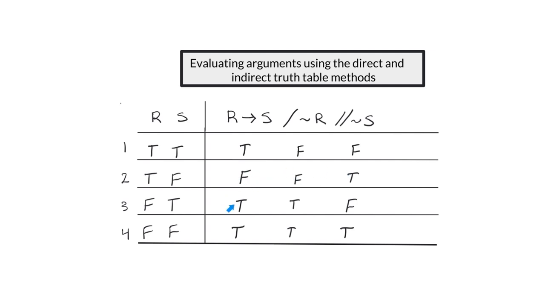But row 3, this is exactly what we're looking for that would indicate that this argument is invalid. What this row says is that under the conditions of R being false and S being true, it's possible for this argument to have all true premises and a false conclusion. So this argument is invalid.